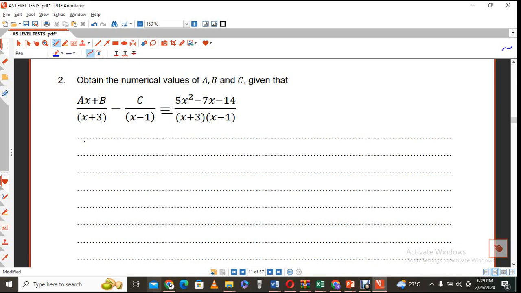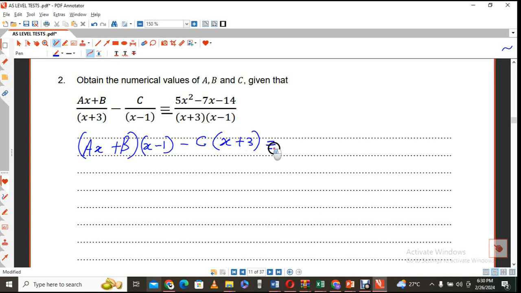So here's the thing, once you now work with that, obviously I'm going to work with the numerators. So I'm going to say the ax plus b should be multiplied by x minus 1, minus c, which gets the x plus 3.